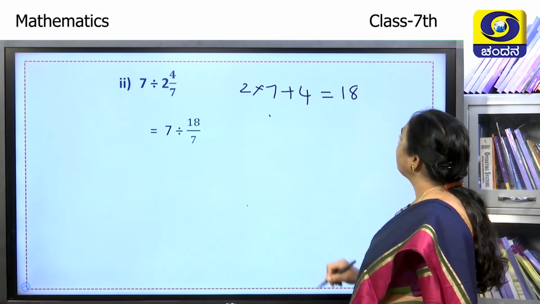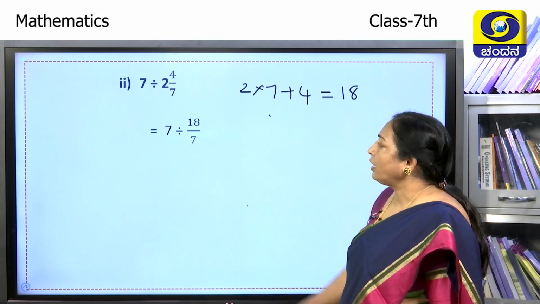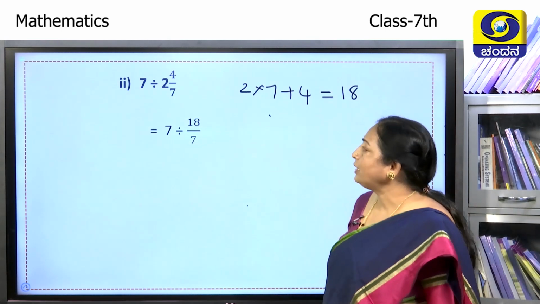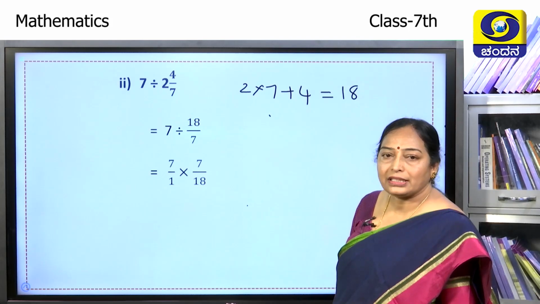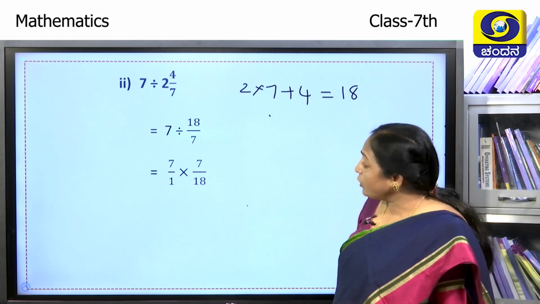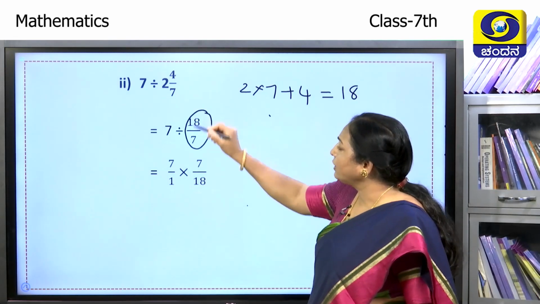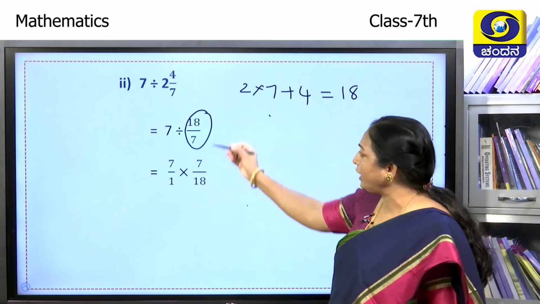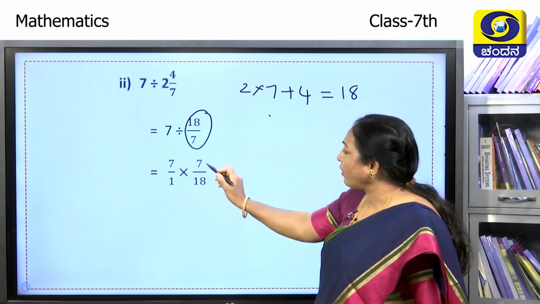So, we write 18 as the numerator. Here we get 7 divided by 18 by 7. Next, change the division sign to the multiplication sign, and multiply 7 by the reciprocal of 18 by 7. What is the reciprocal of 18 by 7? It is 7 by 18. 7 into 7 by 18.